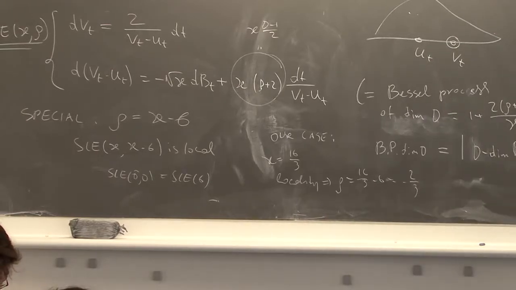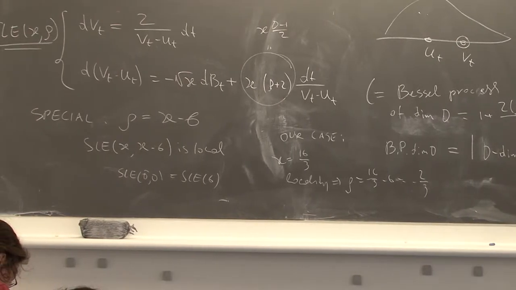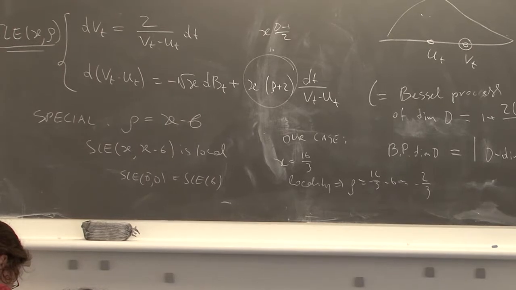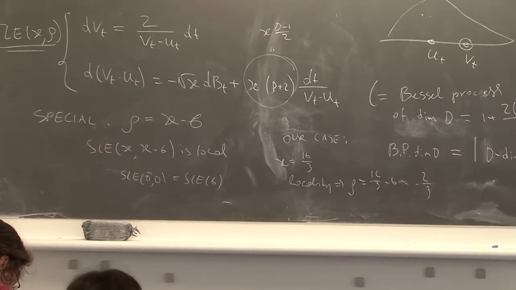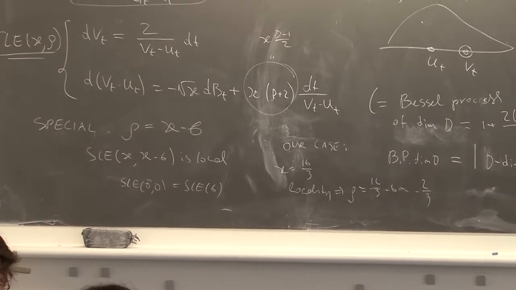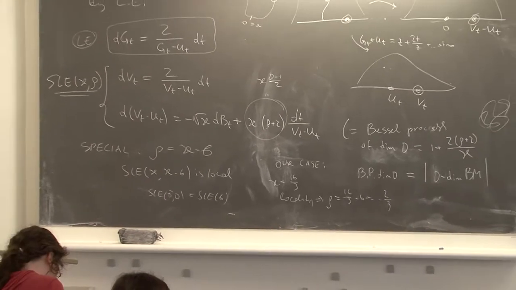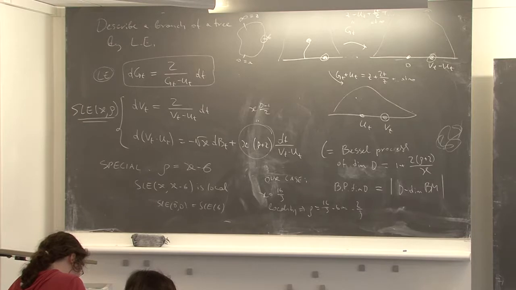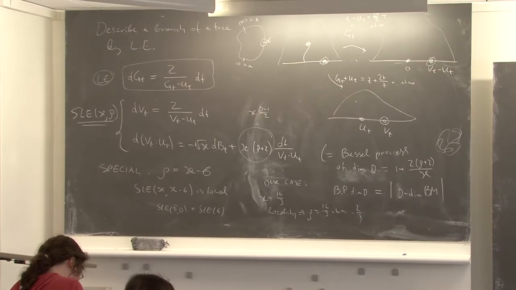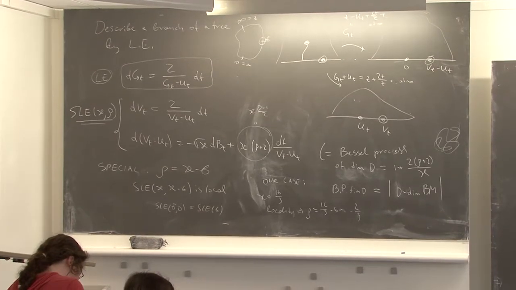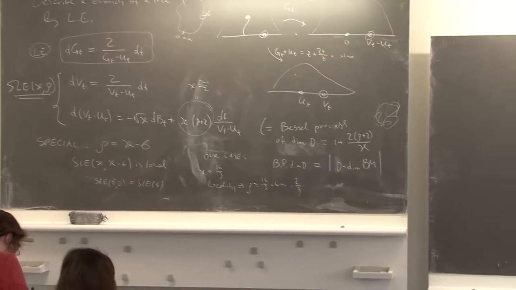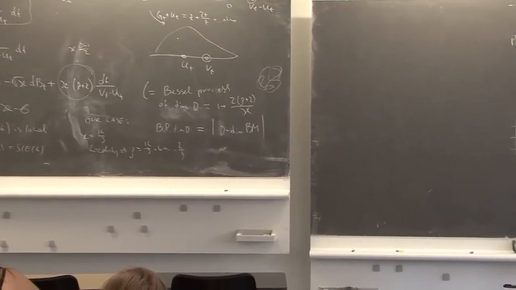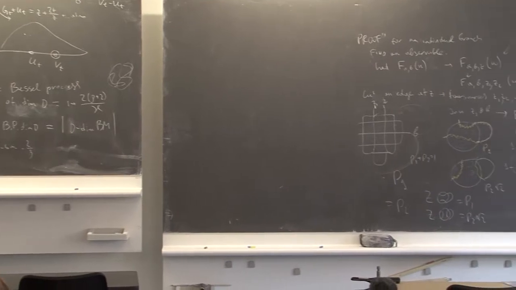But apparently one also can get it from observables. So if one calculates these observables, which I didn't have time to calculate, then one gets... let me just have a look.